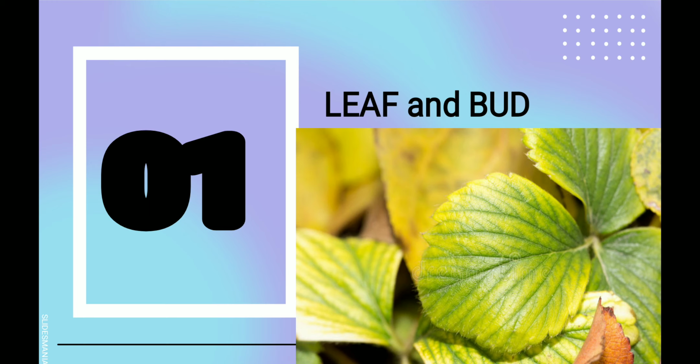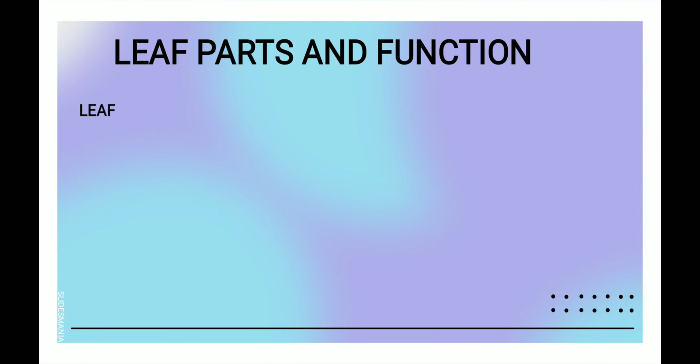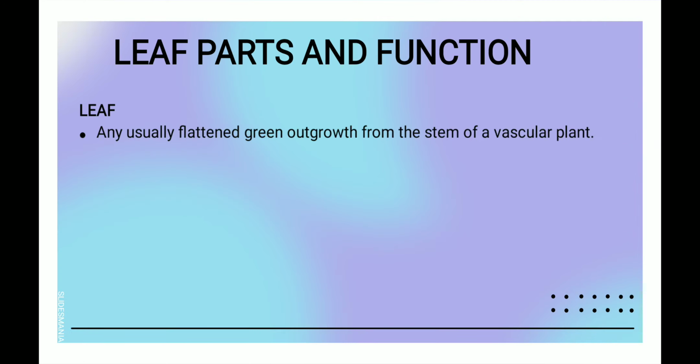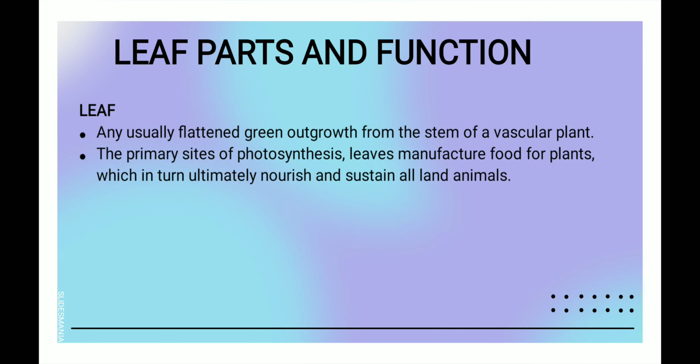So leaves commonly develop into a flattened surface or leaf blade to present a large area for efficient absorption of light. Remember that the principal function of leaves is to absorb sunlight for manufacture of plant sugars through the process called photosynthesis.